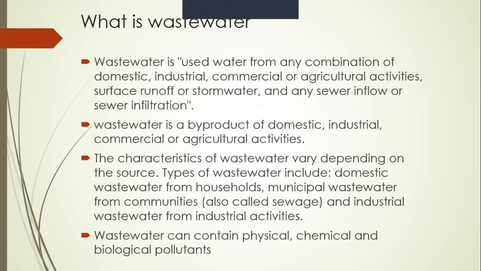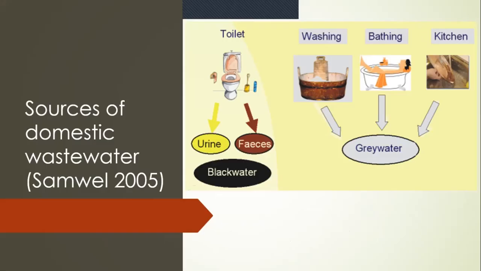So generally, if you look at the wastewater, it can be categorized into three main types of pollutants, like physical, chemical, and biological pollutants. Right. So when we look at the domestic wastewater, we can have two main categories. That is wastewater coming from toilets and so on, which is called the black water.